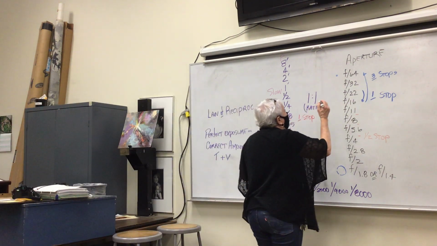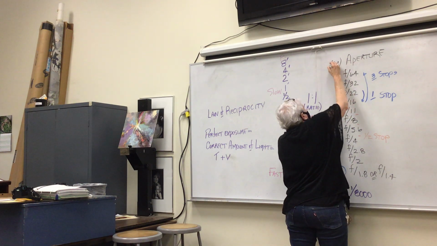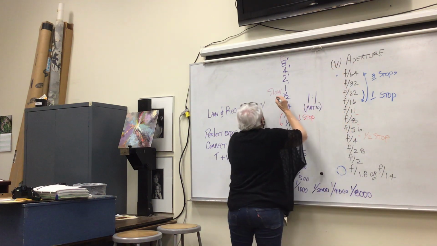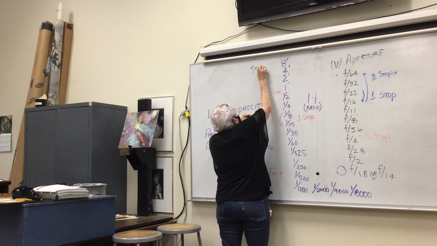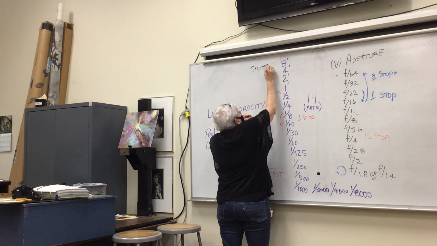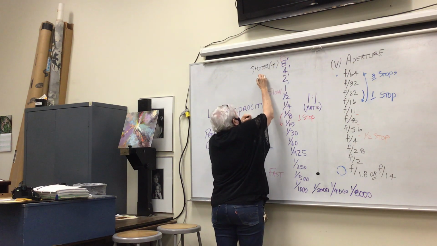So, aperture equals V, volume. Shutter equals T, time.